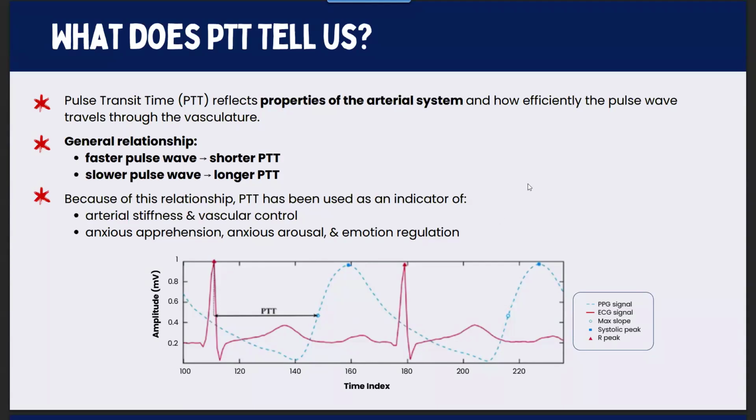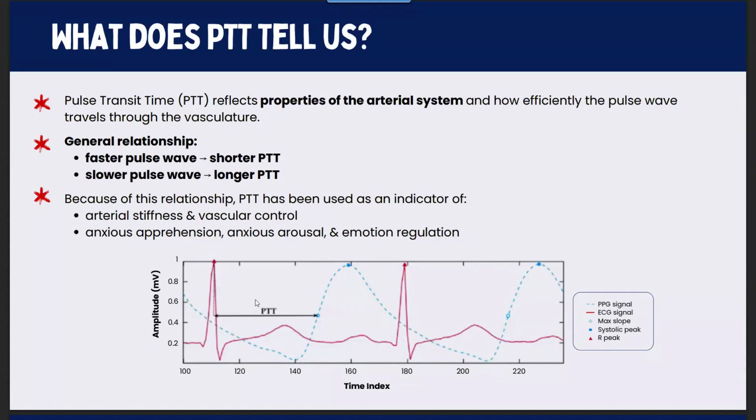Because of this relationship, PTT has been used as an indicator of arterial stiffness and vascular control, namely. When our arteries are stiffer or when they have reduced in diameter over time, what we're able to see is that our PTT likely is going to be much shorter in general. When we have stiffer arteries, we're less able to dampen that contractility of the blood leaving the heart and arriving at the pulsatile waveform.